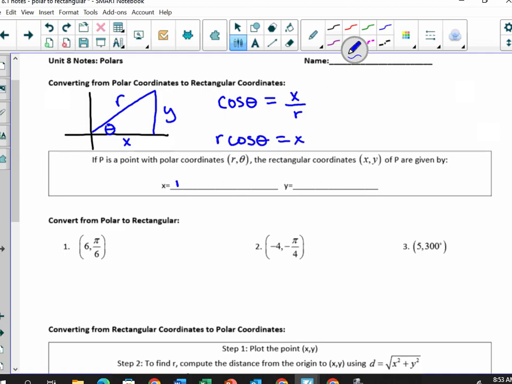We're going to put that in this little box then. All coming together, isn't it? All right, what if I asked you sine of theta? Y over r. So would you agree r sine of theta is y? Okay.